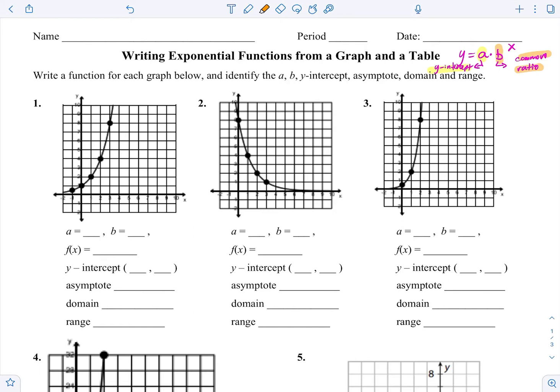We know that the domain of exponential functions is always all real numbers unless there are not arrows at the end of the graph. And we recognize that the range is determined based off of our horizontal asymptotes. So this is kind of a loaded question because we're answering like 6 in 1. So let's get started.